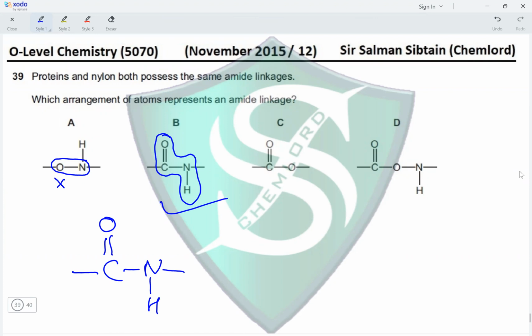In C, we've got C double bond O attached to an oxygen atom, which is incorrect. This is an ester linkage. And in D, we've got an oxygen atom present between the carbon and nitrogen atoms, making it incorrect. Therefore, option B is the correct option for this question.